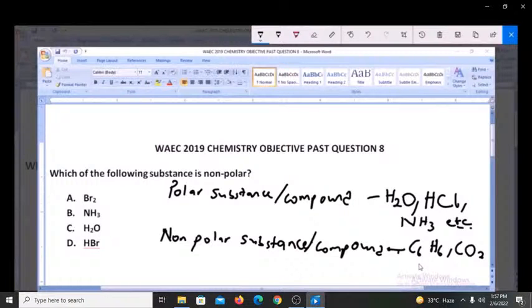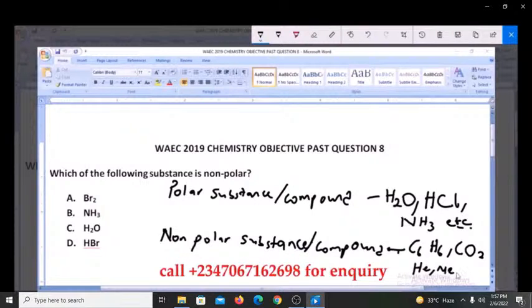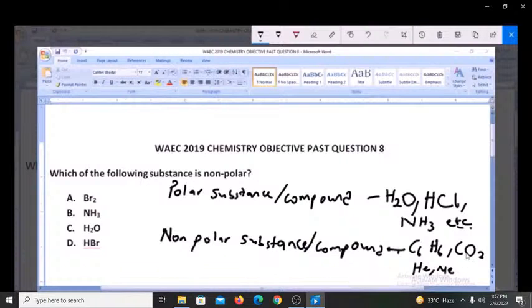The noble gases, examples of which are helium and neon, are nonpolar substances. Now remember that I also mentioned that diatomic molecules are also examples of nonpolar substances.